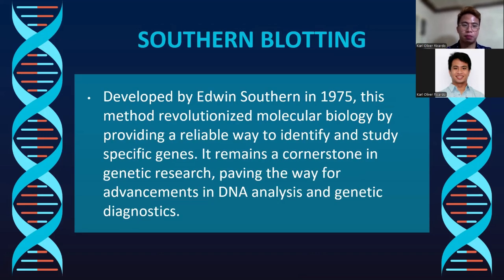It was developed by Edwin Southern in 1975. This method revolutionized molecular biology by providing a reliable way to identify and study specific genes. Before Southern blotting, it was very difficult to carry out a study that focuses on specific genes in a mix of many fragments.